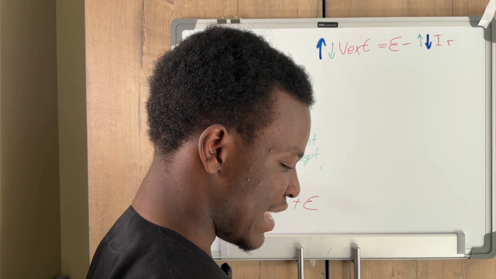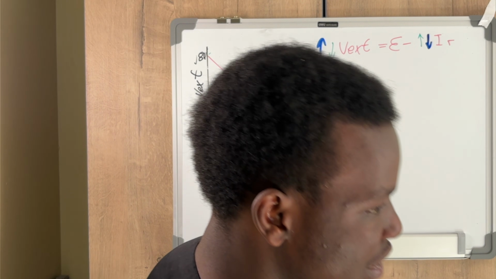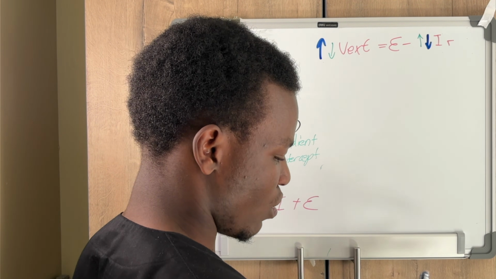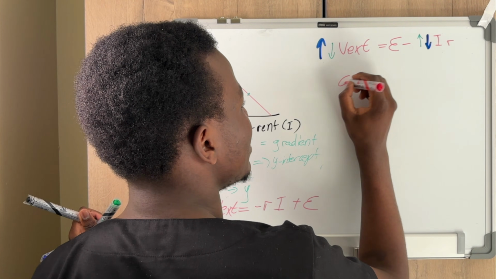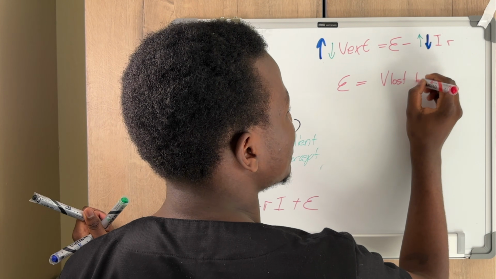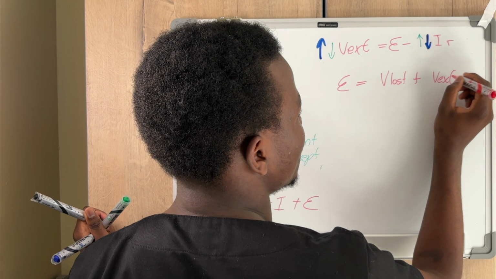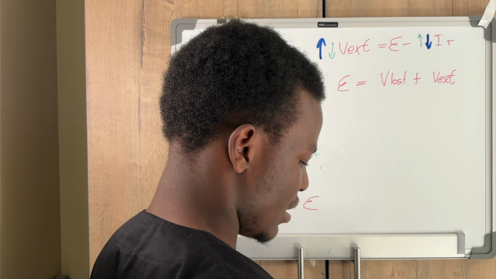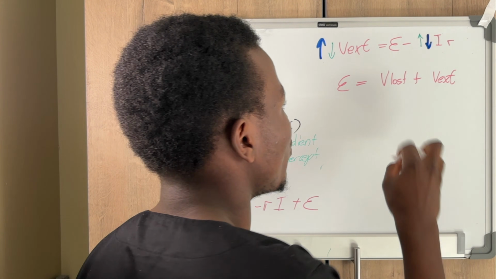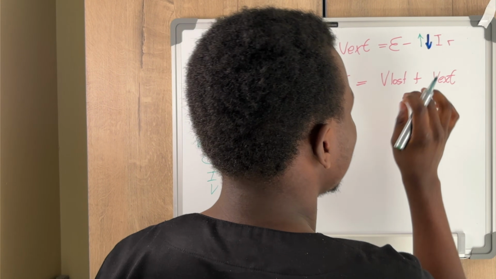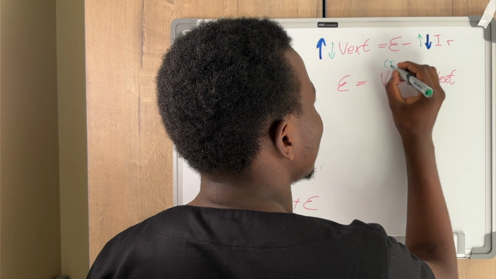It's just like the difference between V lost and V external. So let me explain. So the EMF is made of V lost or V internal plus what? V external. So now this represents what? Let me just shift them around, but it is not necessary. So this is like our IR.